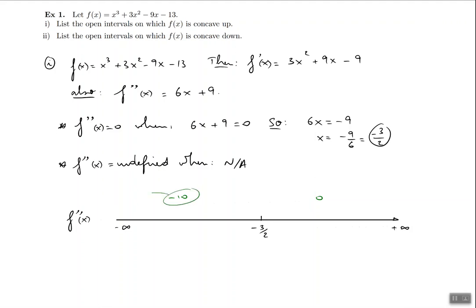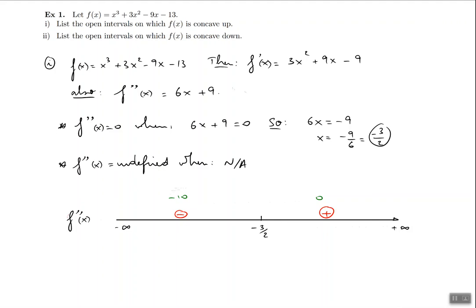Take negative 10, put it into the second derivative, which is 6x plus 9, and you will find that the answer is going to be a negative amount. Take 0 and put it into the second derivative, and you'll find that the answer is going to be a positive amount. Previously, when we were working with the first derivative, we said negative means the function is going down, positive means the function is going up.